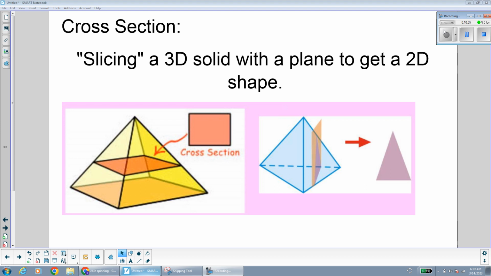The last thing we're going to briefly mention in this video before you see some practice questions is something called a cross section. We get a cross section when we slice a 3D solid with a plane to get a 2D shape. You can think of it kind of like cutting out a piece of the solid.